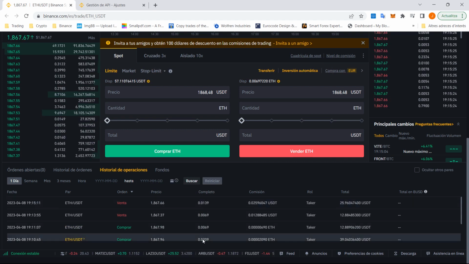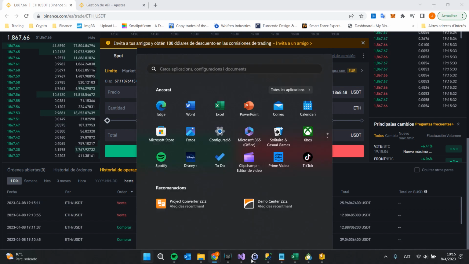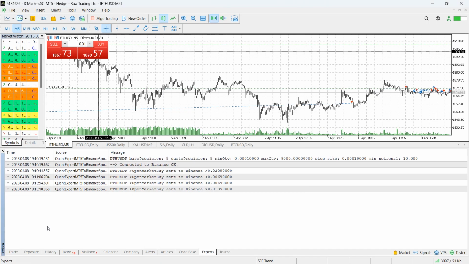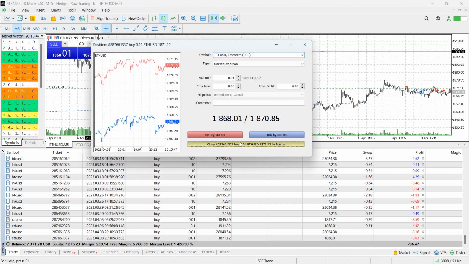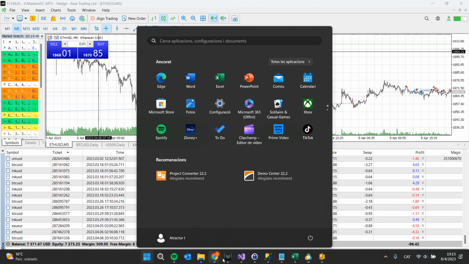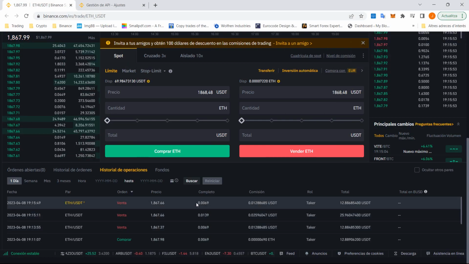The full quantity was that, and the proportional quantity closed is that. And finally, if we close the remaining value, we can see on Binance it has finally closed out.